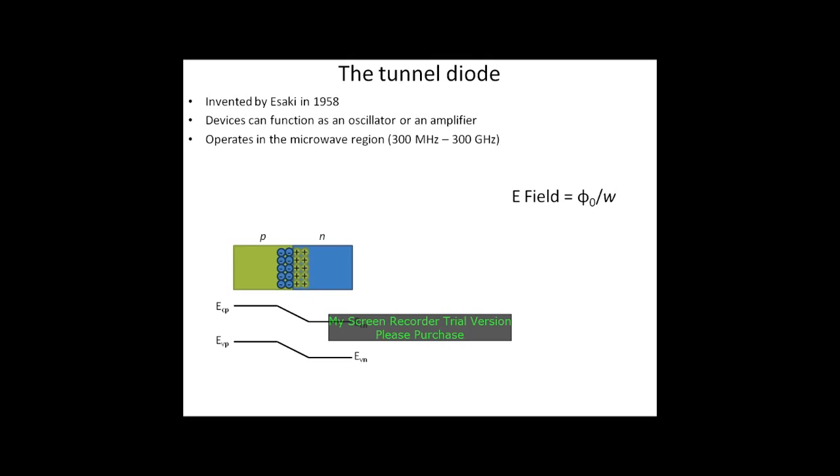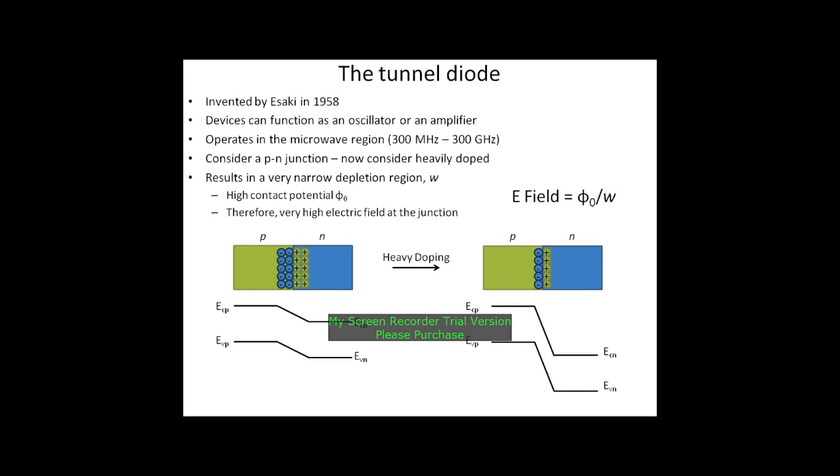If we go to extremely high doping levels, then this depletion region decreases in its width. The electric field across this width is given by the contact potential divided by the width. For these very high doping cases, the electric field is very high, and this results in a drastic shift of the band structures, as seen on the bottom right.